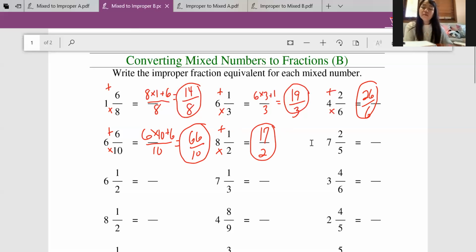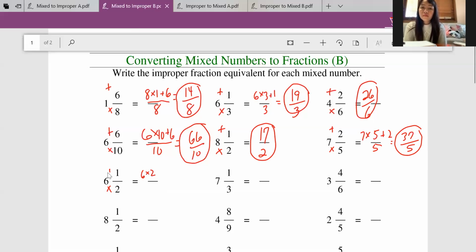So I multiplied the denominator by the whole number, add the numerator. So I have 7 times 5 plus 2, and the bottom stays the same. So 7 times 5 is 35 plus 2 is going to be 37 over 5. 6.50. I'm going to multiply 6 times 2.